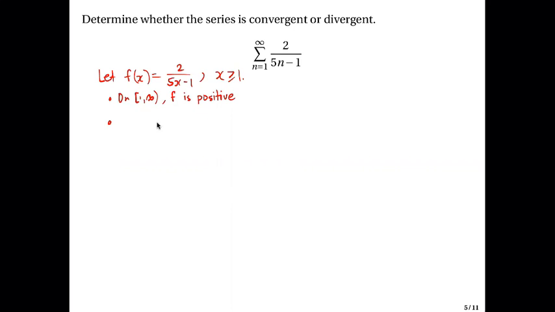Next, f is continuous. Okay, f is continuous, and of course this function here is only discontinuous when x equals 1 over 5. Otherwise f is continuous. So we write that f is continuous on the interval 1 to plus infinity.